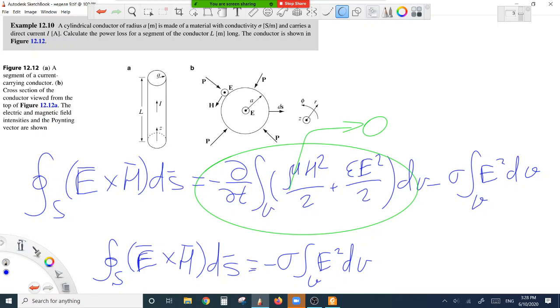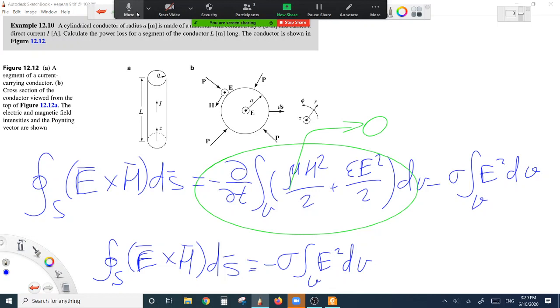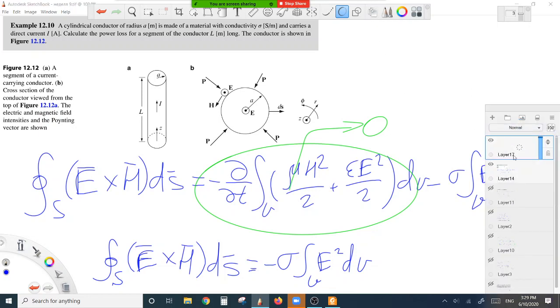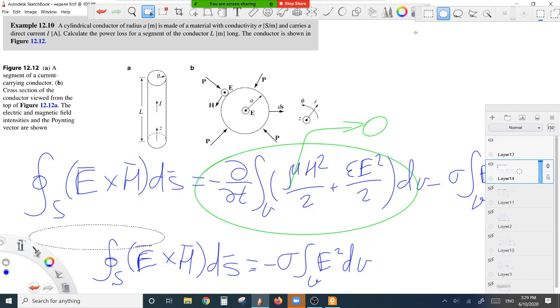However, instead of calculating the right hand side, we work with the left hand side, or we evaluate the left hand side. Let me copy this to a new page and continue there.